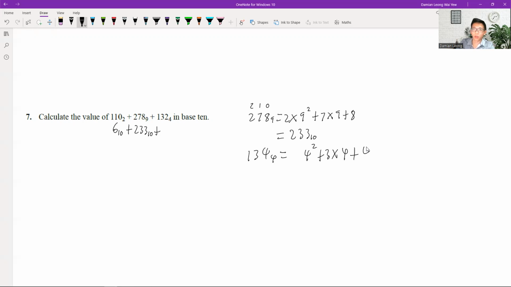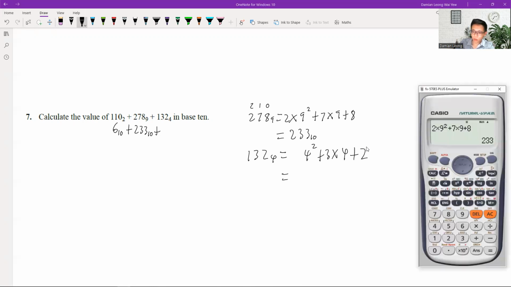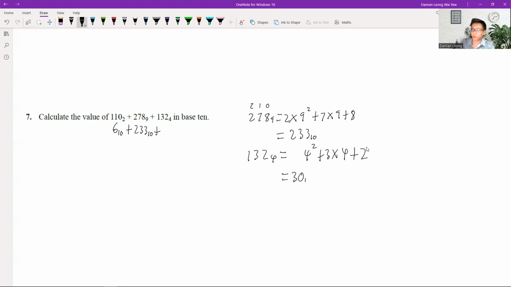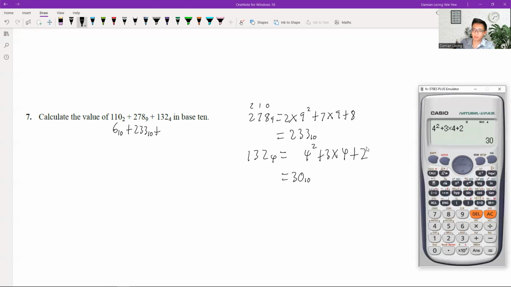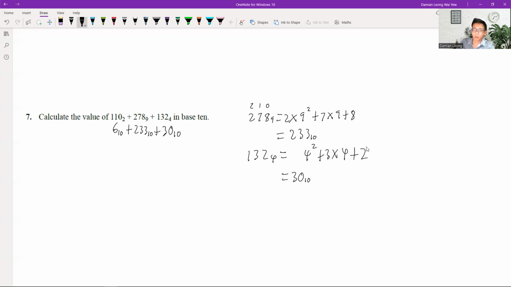Wait, sorry, my bad, this is a 2. So 2 times 4 to the power 0 means it's 2. 4 squared plus 3 times 4 plus 2 is 30 in base 10.